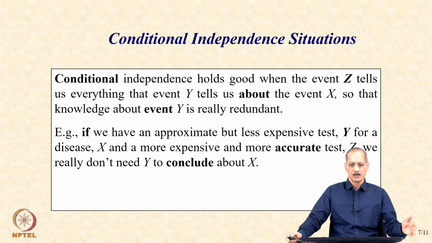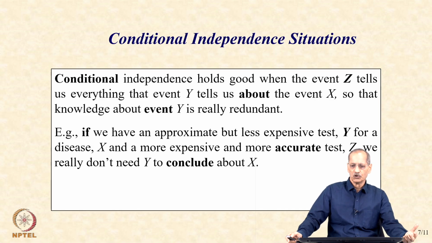So, let me give you an example. Suppose we have an approximate but less expensive test y for a particular disease x. So, we say that if you conduct a test y, it tells us something about the disease x, the probability of what x could be.